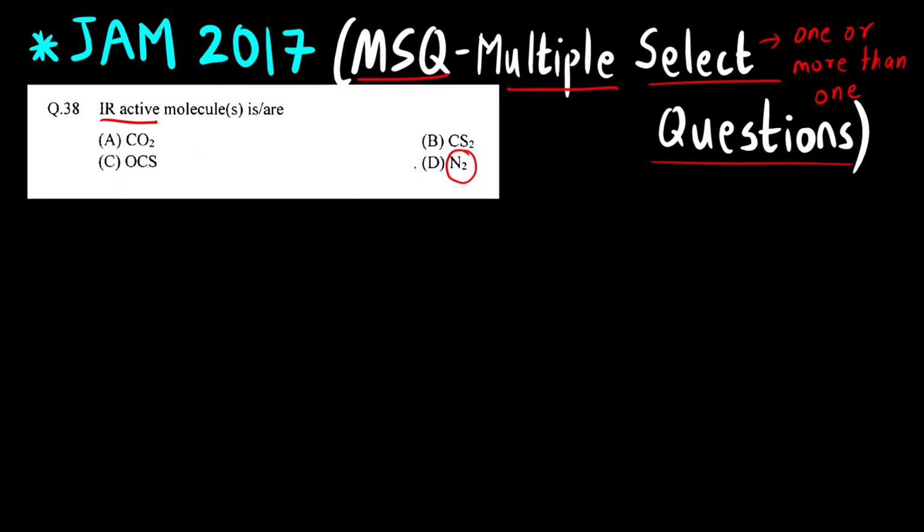Yes, N2. So this is going to be inactive. The remaining three will be active. D is incorrect. So the correct answers for this question are A, B and C. I hope you have understood the conditions to find out whether a molecule is IR active or inactive. Thank you.